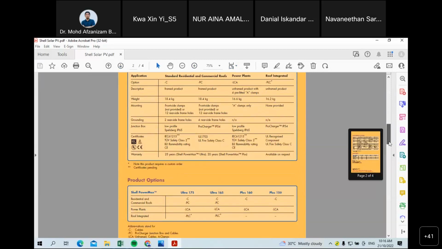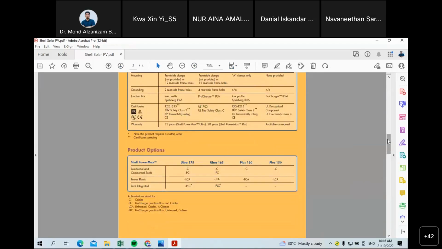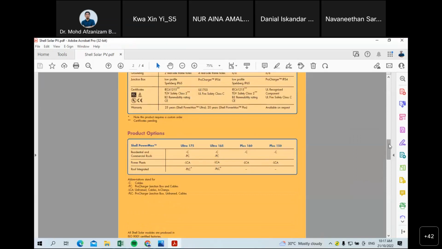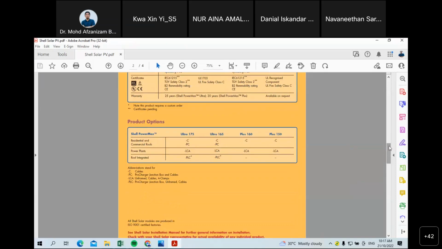In this data sheet, it provides Ultra 175, Ultra 165, Plus 160, and also Plus 150. For our purposes, we only refer to the data that provides information for the Plus 150.